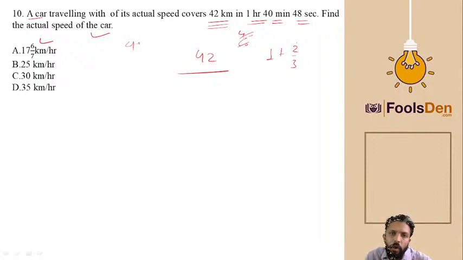So how to convert 48 seconds into hour? Converted into minutes is converted to hours. Solve it. 12 will go how many times? 12 5 ones of that is 1 upon 7.